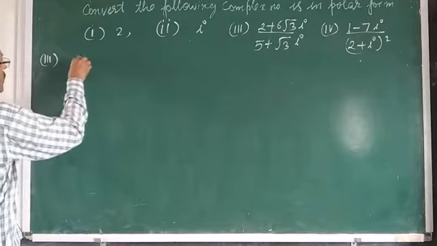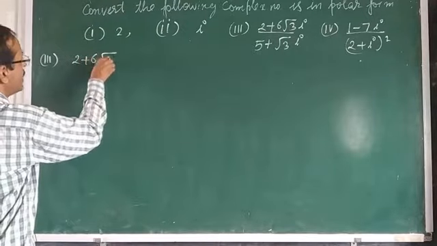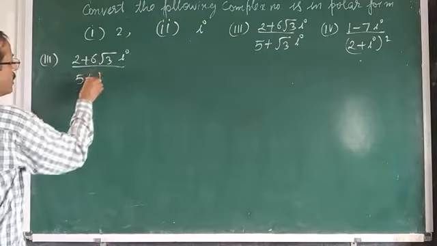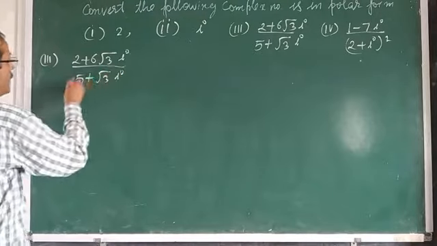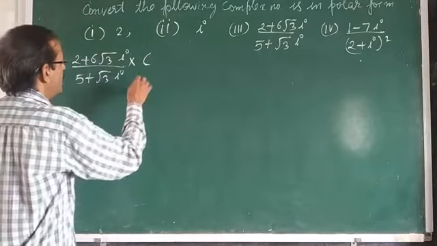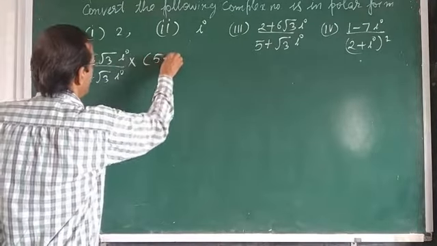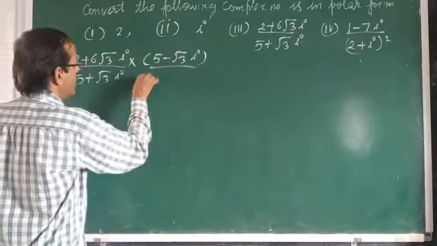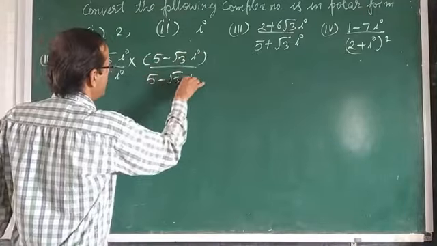2 plus 6 root 3 iota upon 5 plus root 3 iota. I am going to multiply by the conjugate of the denominator, 5 minus root 3 iota upon 5 minus root 3 iota.